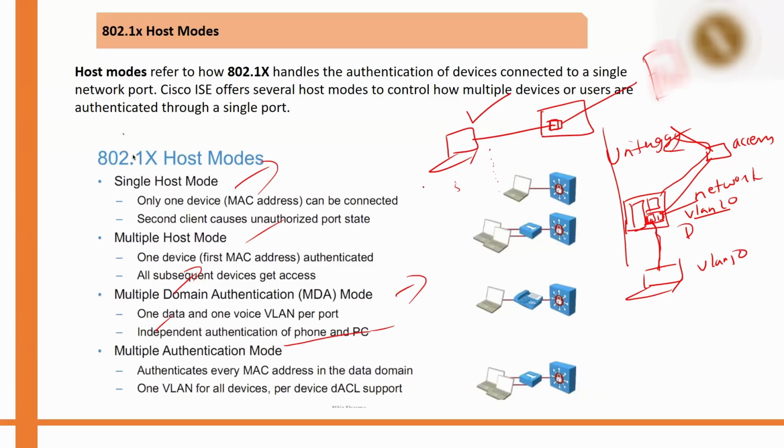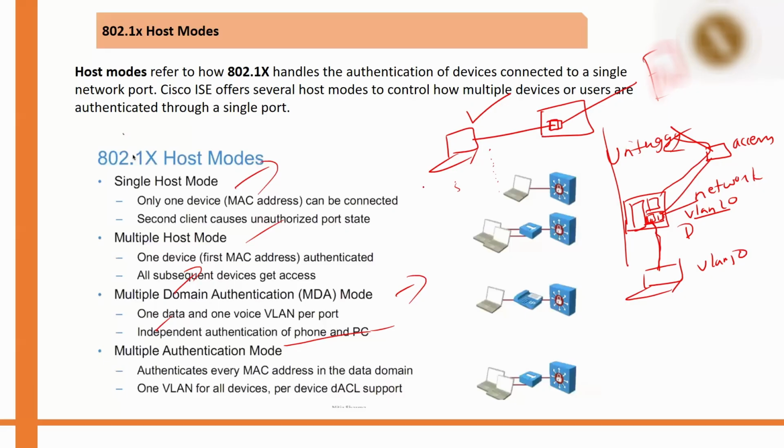Then we have the multiple authentication mode. It authenticates every MAC address in the data domain, with one VLAN for all devices and per-device DACL support. So the morning shift person comes and connects to the port, and he gets authenticated and authorized. Accordingly, he will get the DACLs, the VLAN, and the access.